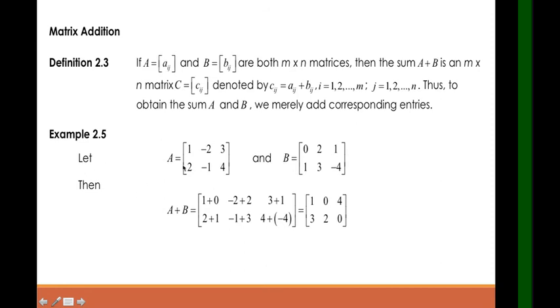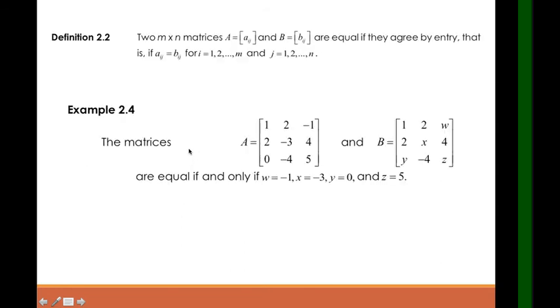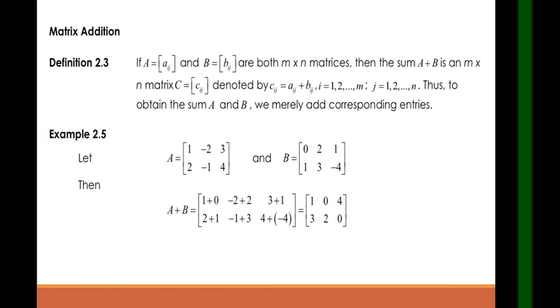For example, we have matrices with the same number of entries: A = [1, -2, 3; 2, -1, 4] and B = [0, 2, 1; 1, 3, -4]. To add A and B, the two matrices should have the same number of elements.